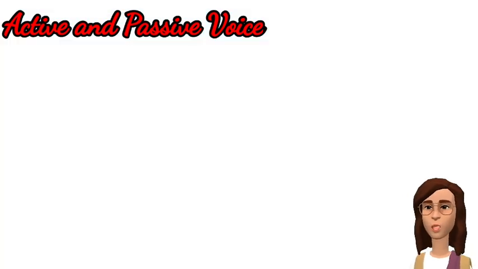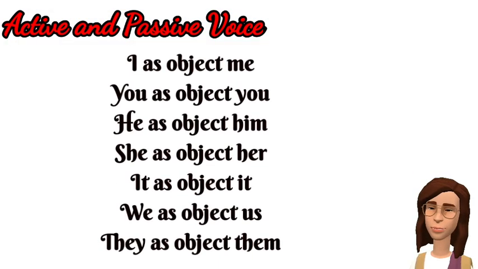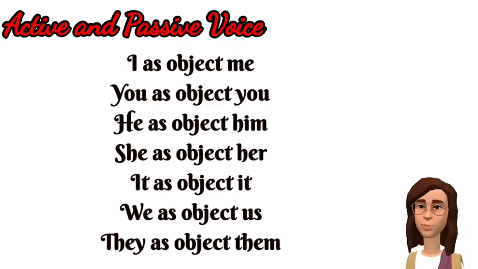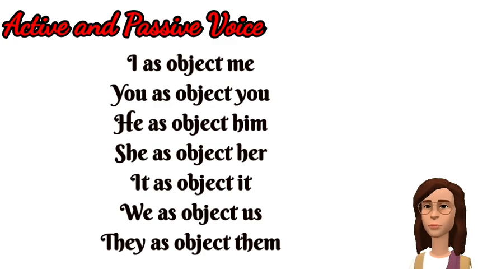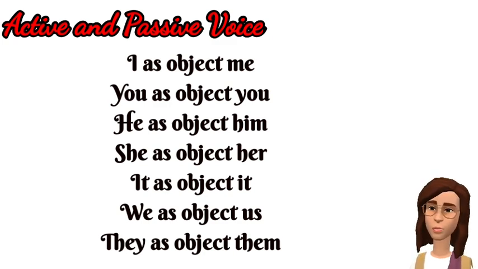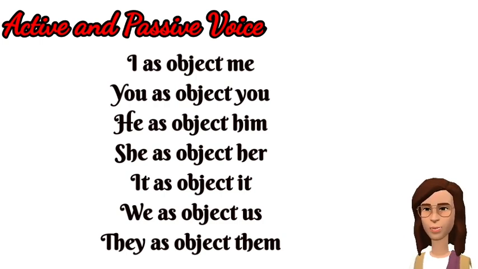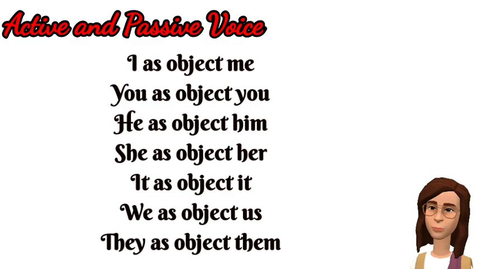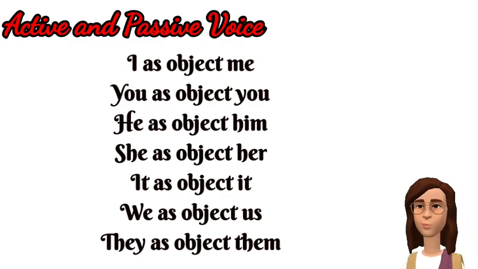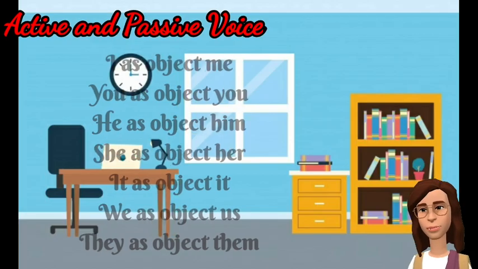So when we change I as object, we use me. When we change you as an object, we use you as it is. When he as an object, we will use him. She as an object, her. It as an object remains it. We as an object becomes us. They as an object is them.